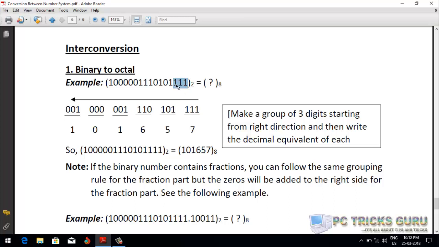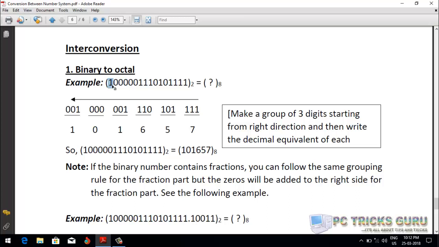So we take 111 as the first group. Now we take 101 as the second group. Now we take 110 as the third group. Now we take 001 as the fourth group. Now we take 000 as the fifth group, and 1.